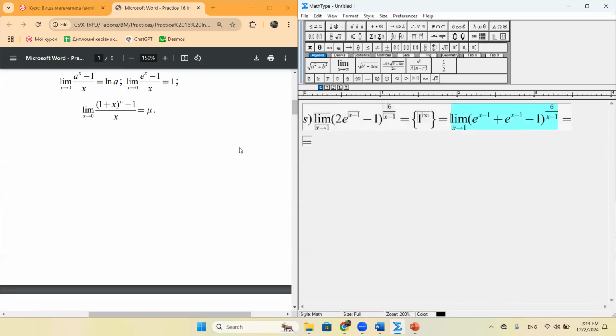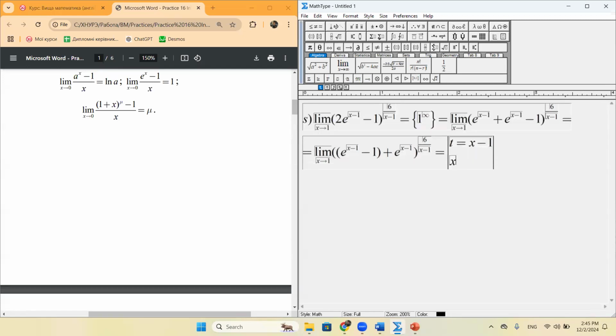So let's regroup components. Yeah, and by the way, I will make a substitution here for our convenience. So t equals x minus 1.